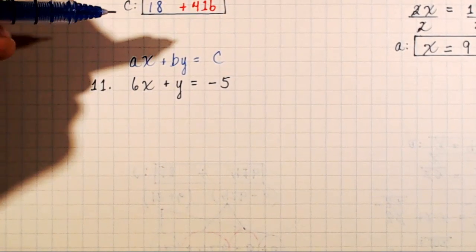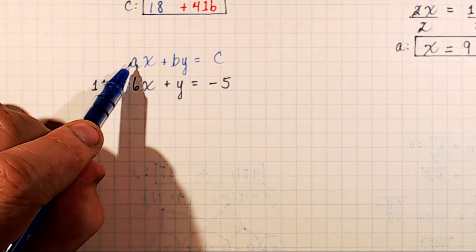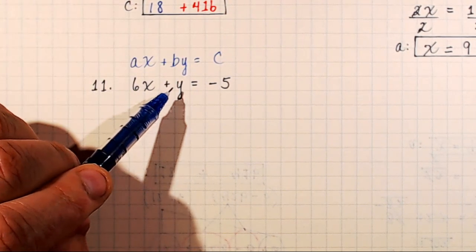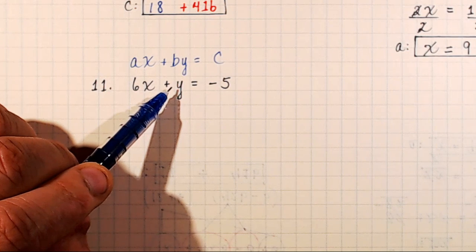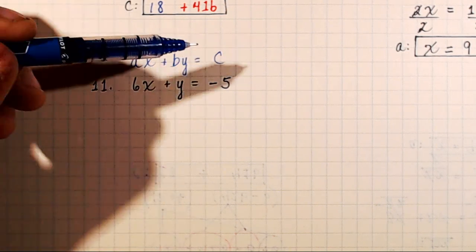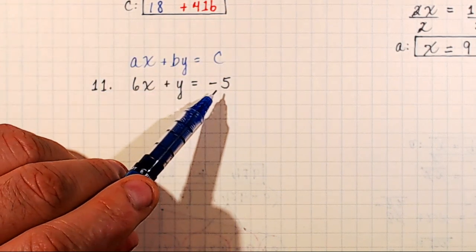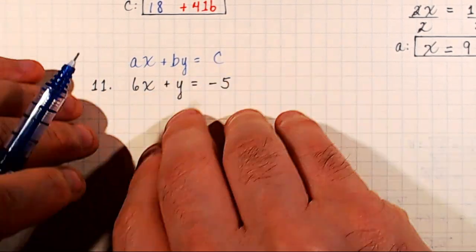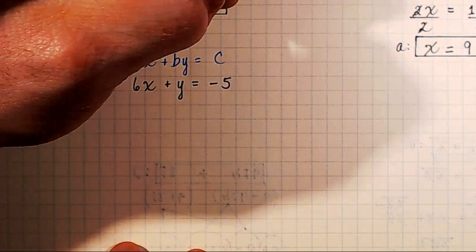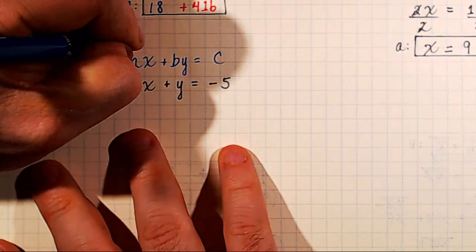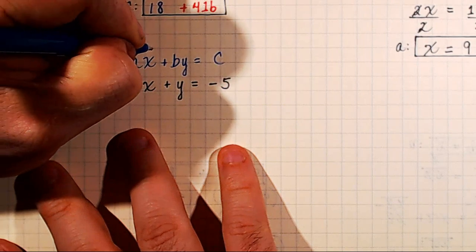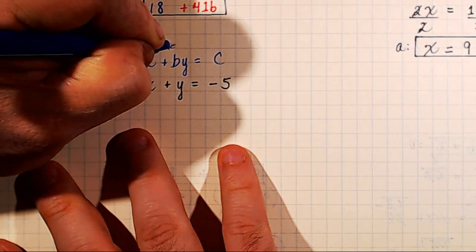All right, so right now a is represented by 6, b is represented by that invisible 1 that's hiding in front of the y, and c is represented by negative 5. Okay, what we're going to do is unravel this equation. This is called standard form. We want this in slope-intercept form. So this is standard form.